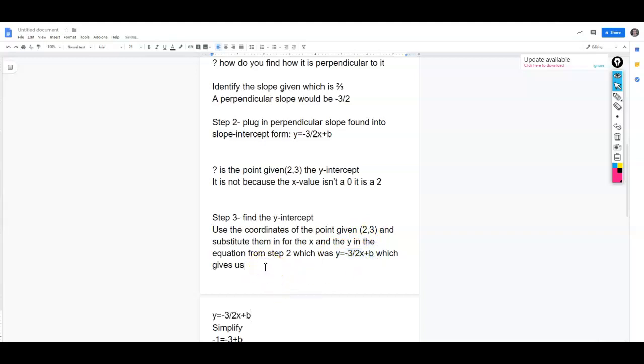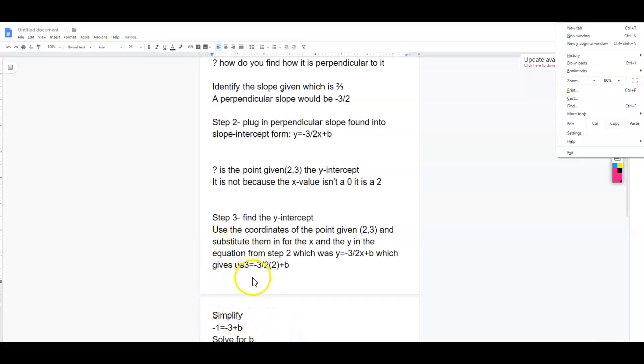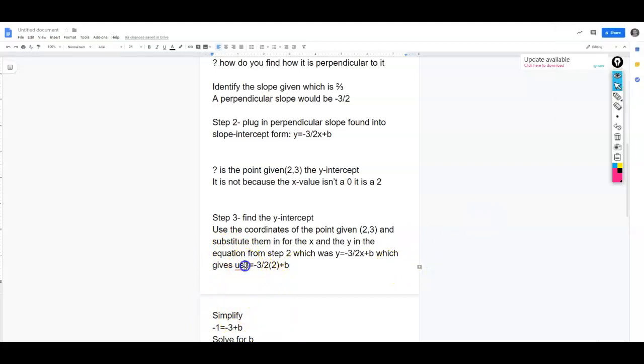If we substitute the y coordinate, which is a 3, in for y, and then substitute the 2 in for the x because that's an x coordinate, it gives us 3 equals -3/2 times 2 plus b.